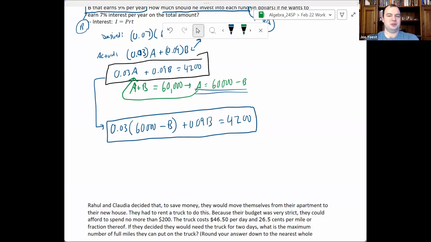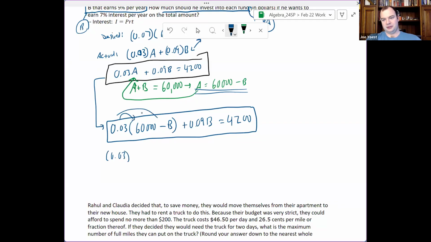I think I had mentioned this before when we talked about clearing fractions and clearing decimals, that especially with decimals, sometimes it's worth it and sometimes it's not. And I feel like with decimals, especially, maybe half the time, it's not even worth it to clear them. So I'm not going to worry about clearing them here. If you wanted to clear them, that's certainly a reasonable choice as well.